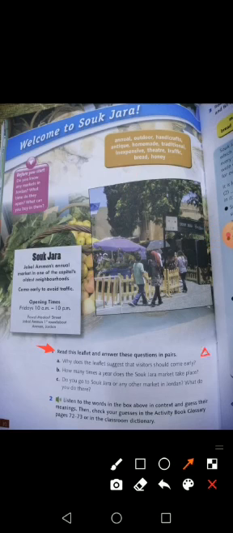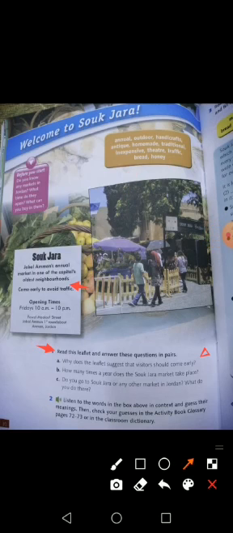So, let us move to the next exercise. Exercise number 1. Read this leaflet and answer these questions. And number 1, the first one. Why does the leaflet suggest that visitors should come early?